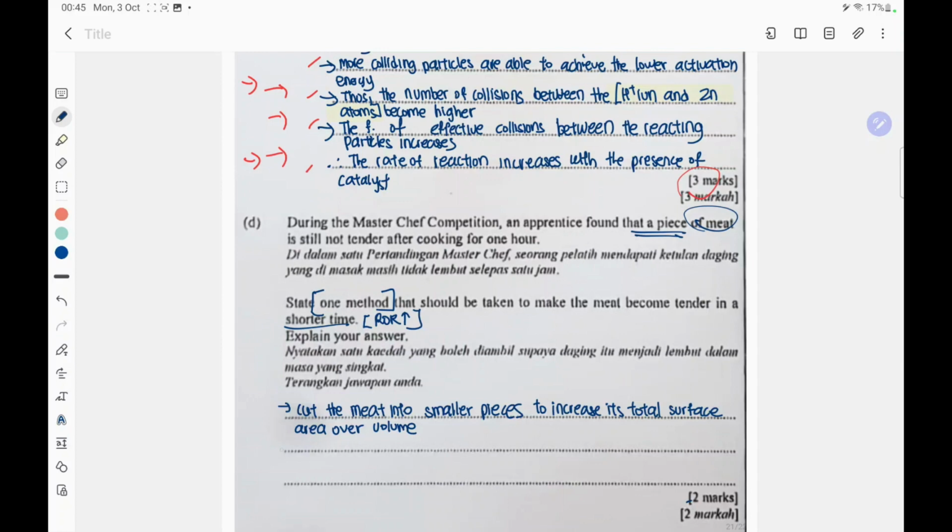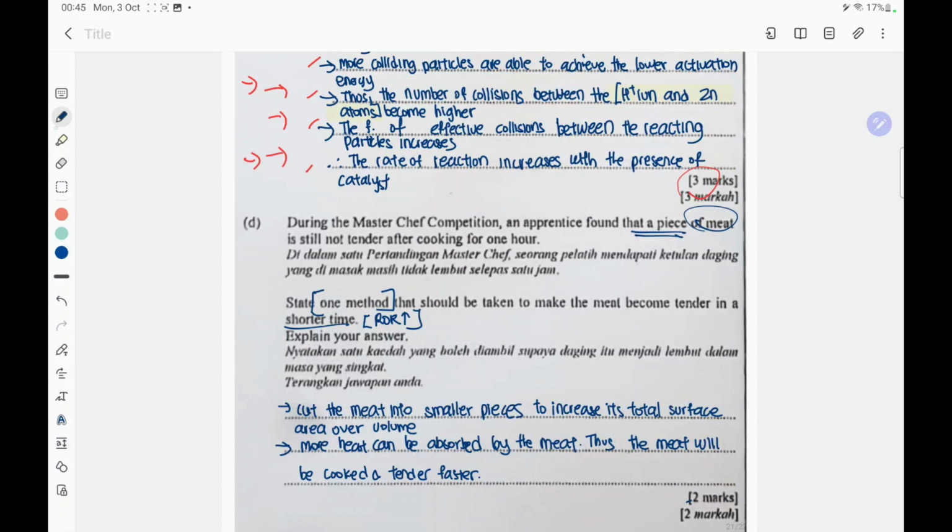Okay, and the next point, once the total surface area is increased, more heat can be absorbed by the meat, thus the meat will be cooked and tender faster.